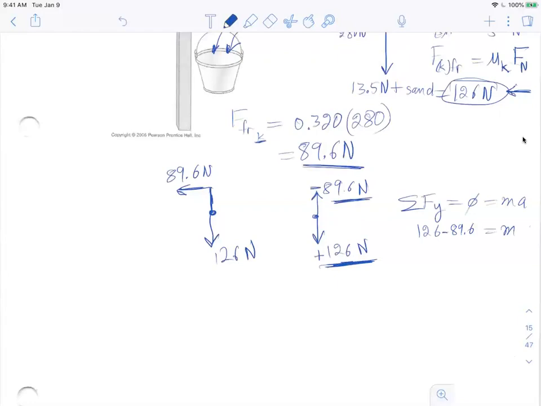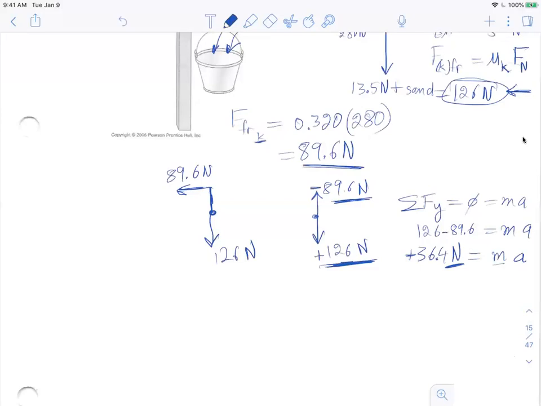So now we can figure out an acceleration. 126 minus 89.6 is 36.4 newtons of force downwards. And so now we want to find the acceleration.